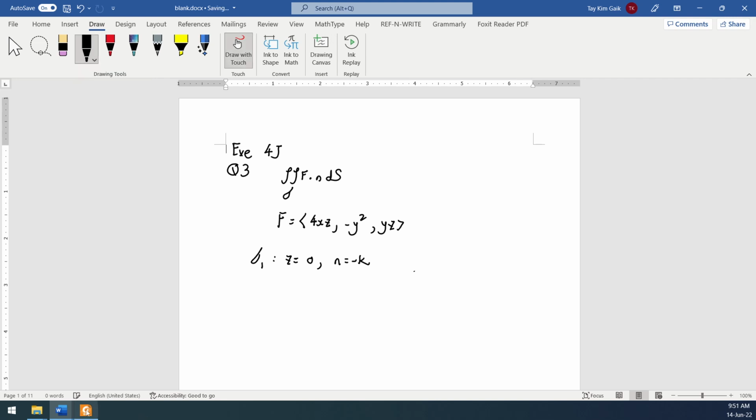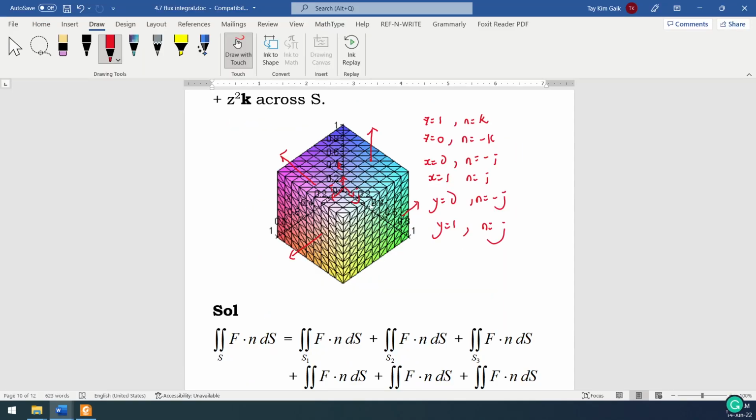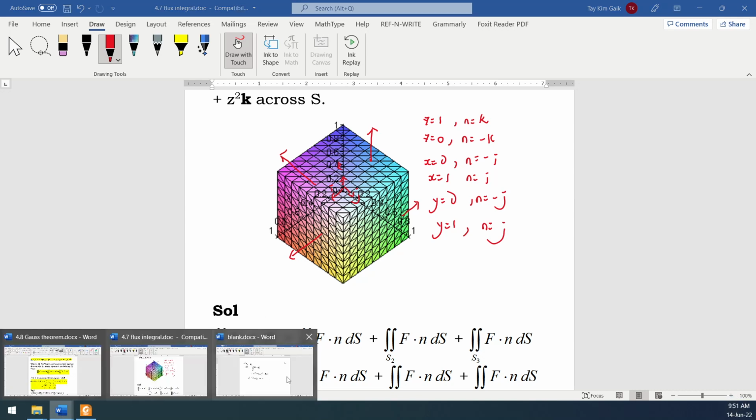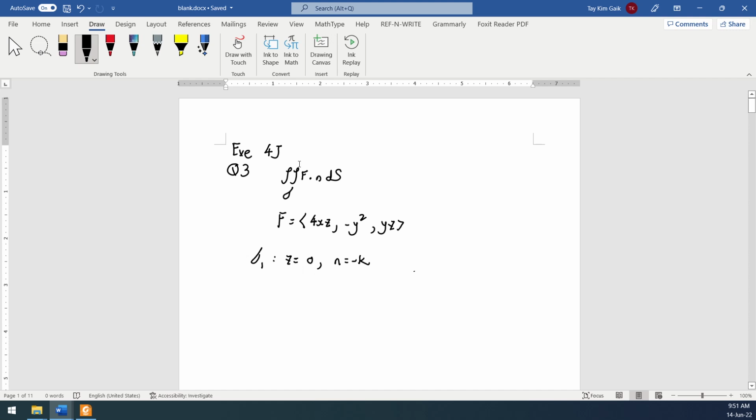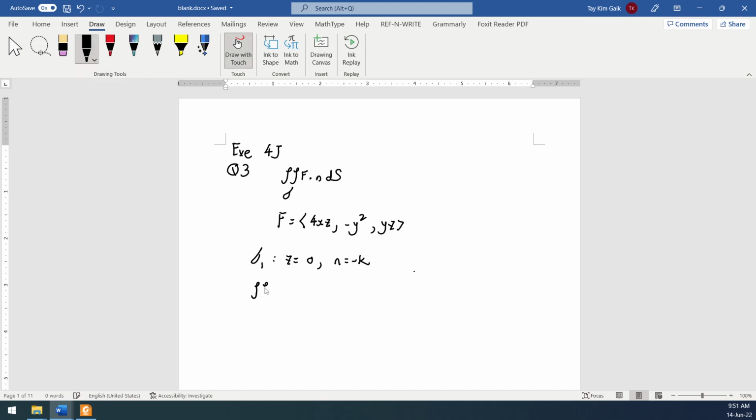As we explained just now, z equal to 0 is on the floor, flowing out, so n is negative k. Then you evaluate surface 1 first: the integral of F dot n dS over R1.